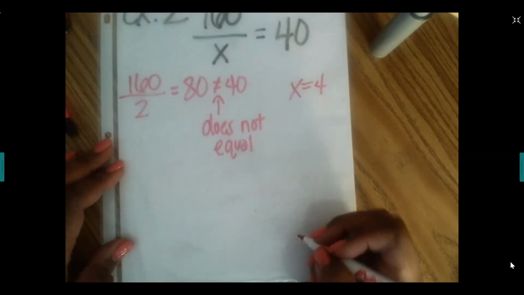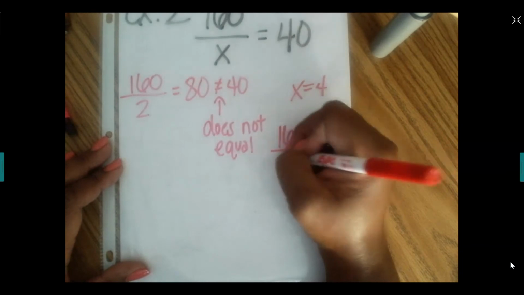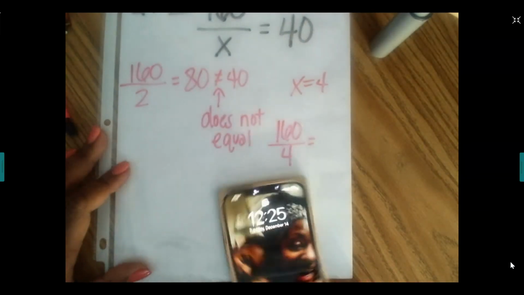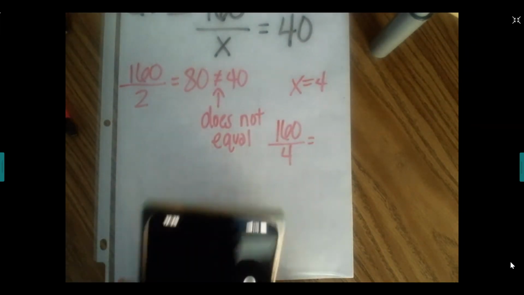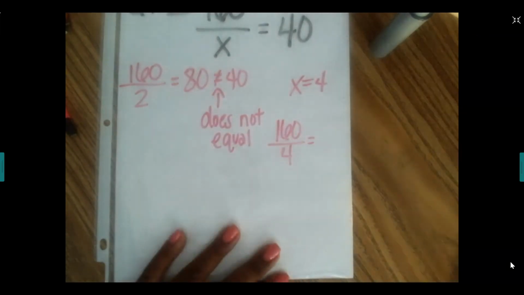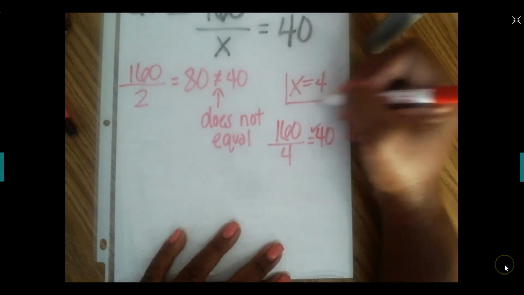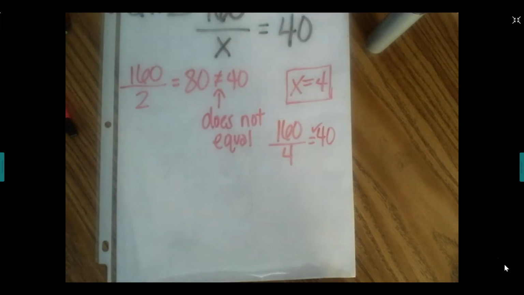Let's test it. 160 divided by 4 is 40. Very good. So X is 4 here.